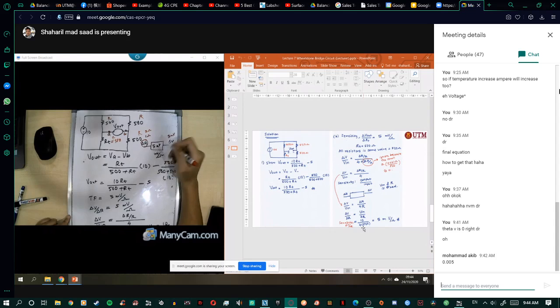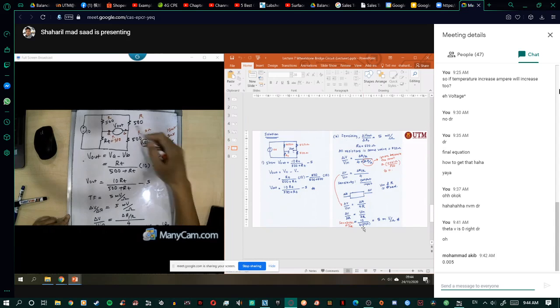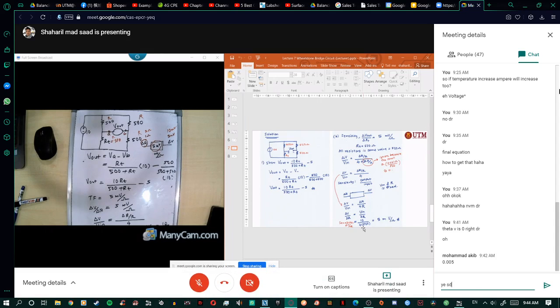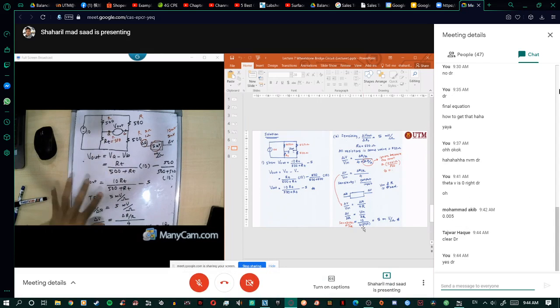So 2 times 5, you can get 10 millivolt, right? Okay. So by knowing the sensitivity of the Wheatstone bridge. Okay. Clear? Is it clear? If you don't know this sensitivity, that means you need to calculate it again. Okay, like this one.